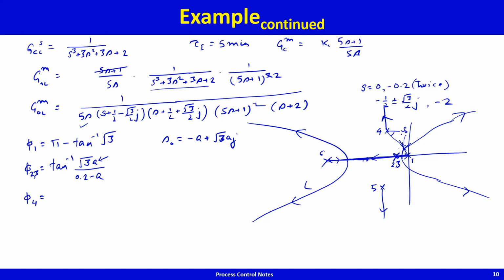First of all, it will be negative, and it will be negative tan inverse square root 3 by 2 minus square root 3a divided by, it's at half, right? So half minus a.